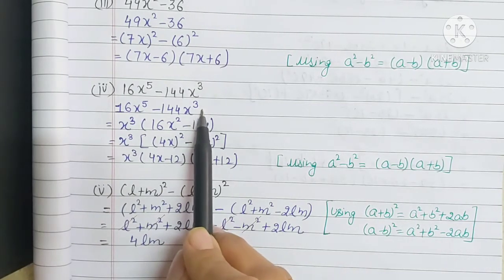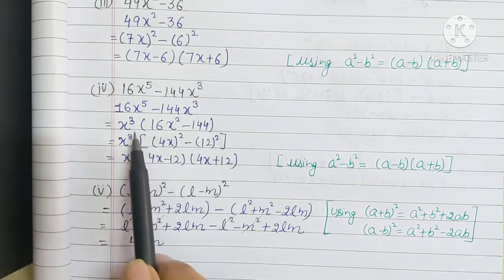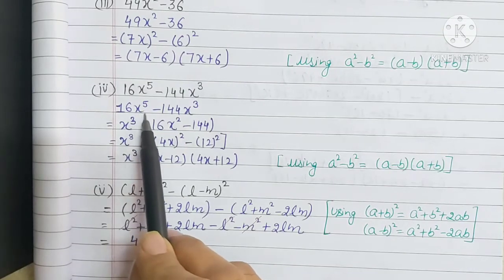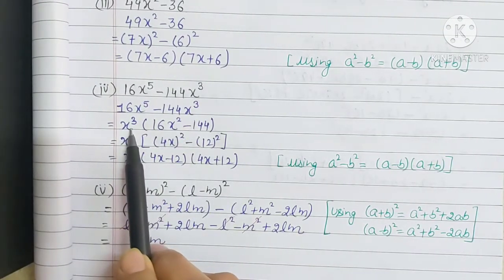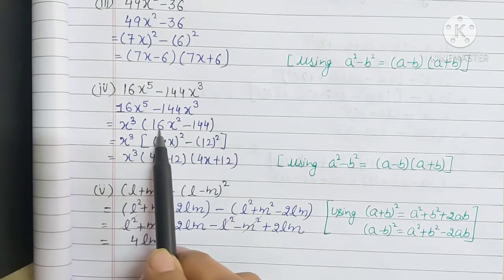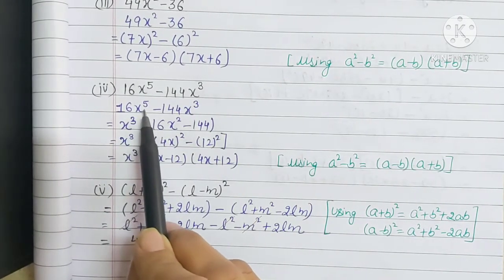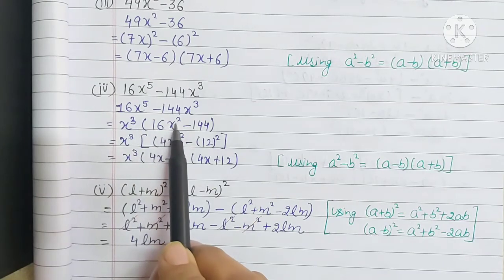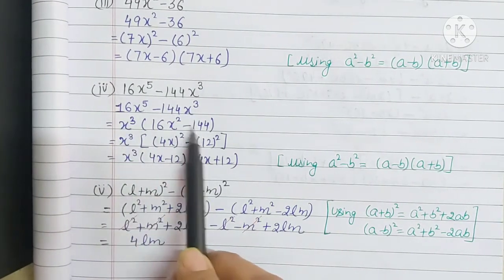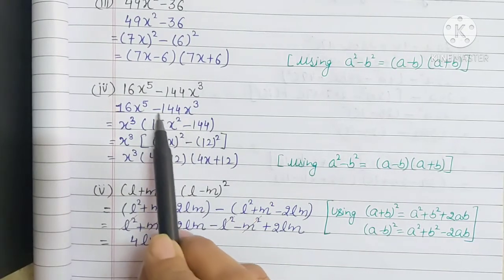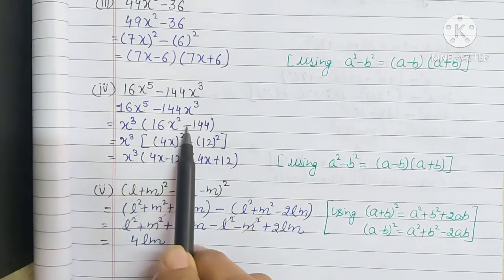So how can we convert it into perfect squares? Firstly, x cube is the common factor in both the terms. So I'll take out the common factor, that is x cube. What is left? 16. If I take out x cube, then x raised to power 2 will be left. From here I have taken x cube, so only 144 will be left with the negative symbol, right?